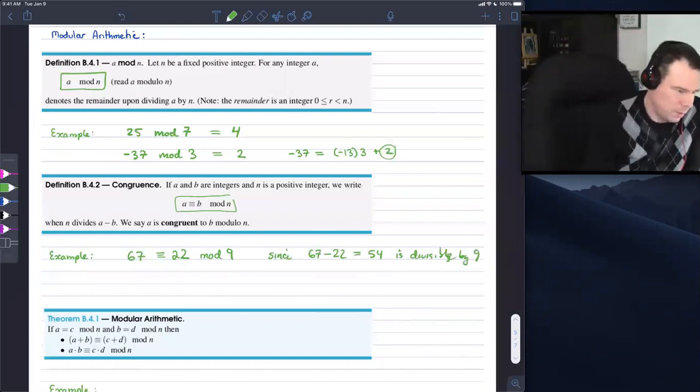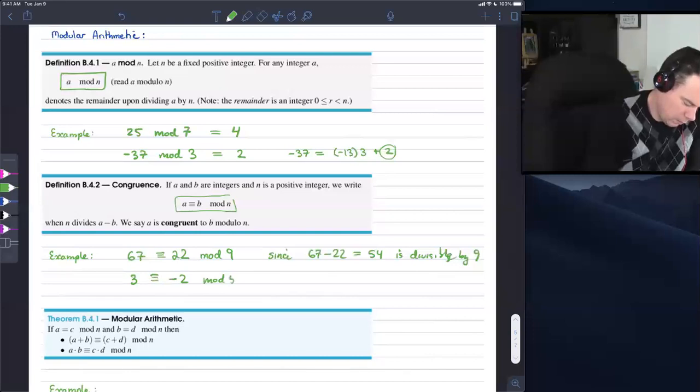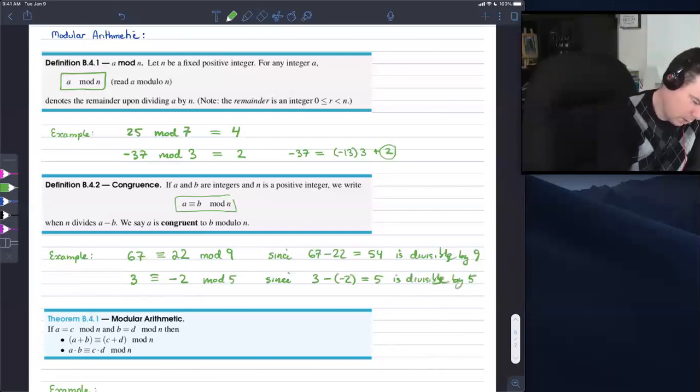And as another example, 3 is equivalent to negative 2 mod 5, since 3 minus negative 2 is equal to 5, and that's divisible by 5.